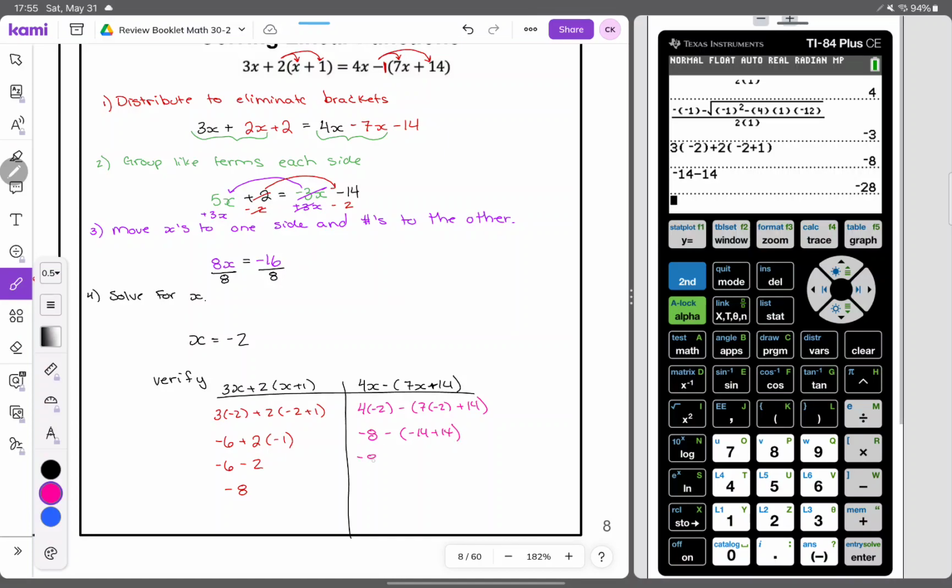Well, that's just 0, so -8 minus 0, which is -8. So seeing as left-hand side equals right-hand side, we know that -2 is a solution. Remember, always double check your work when you're dealing with algebra.